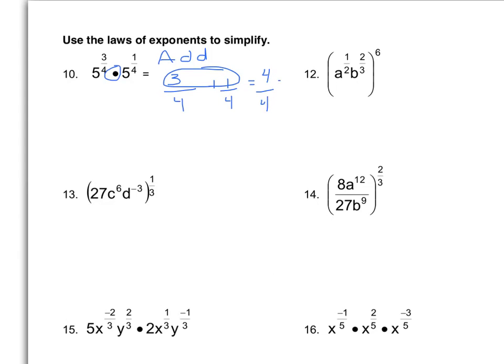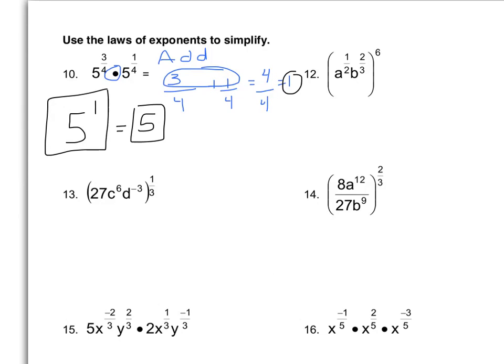Over 4 is a 1. So you always add the numerators and you just copy the denominator. And 4 over 4 is a 1. Again, you can just copy or do this on the calculator. So it would be 5 to the power 1, whatever you got over here. 5 to the power 1 is 5.